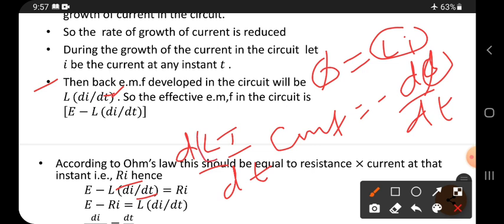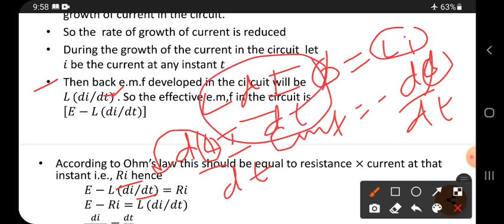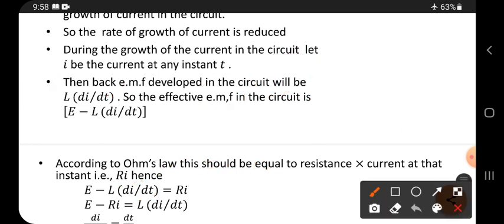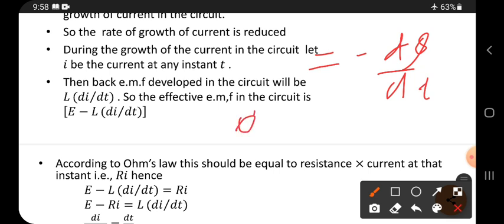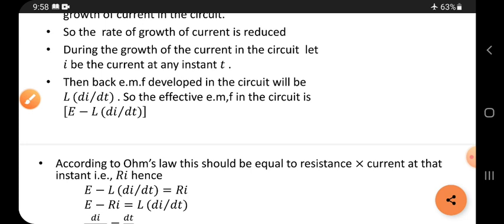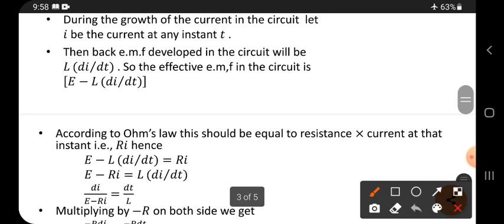L is a constant quantity, so take it outside, and we can write L di by dt. This is called back EMF. It comes from Faraday's second law, EMF equals minus d phi by dt, with phi equal to Li. So the back EMF developed in the circuit will be L di by dt.